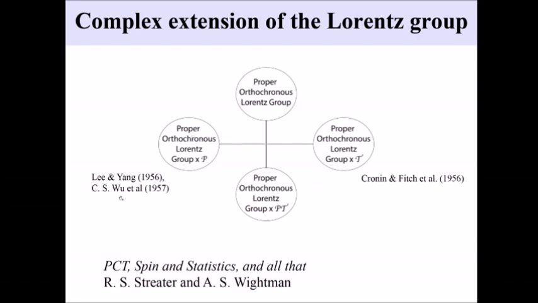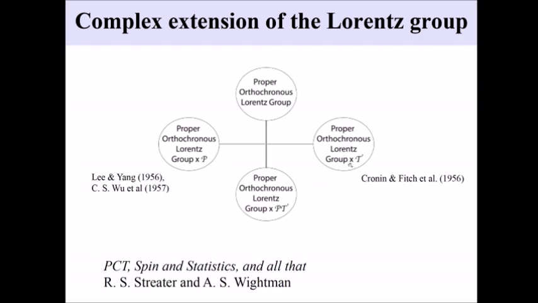And in fact, Madame Wu showed that they were correct in the laboratory. And you also know that Cronin and Fitch showed that these elements here are not symmetries of nature.